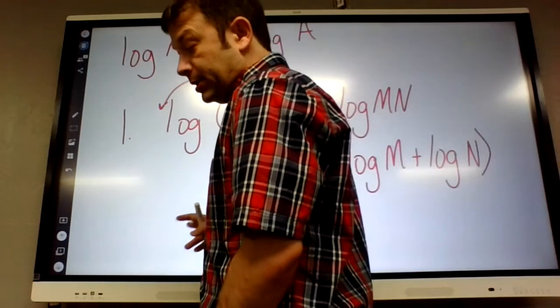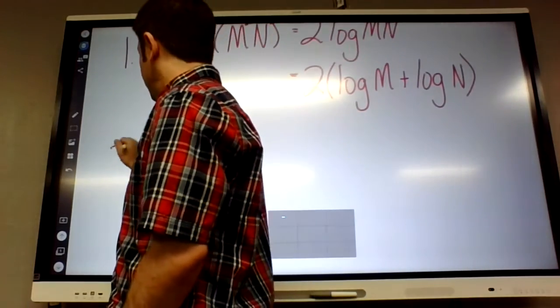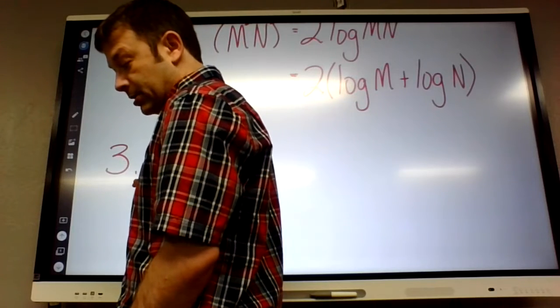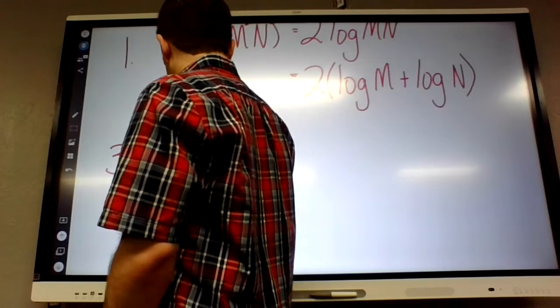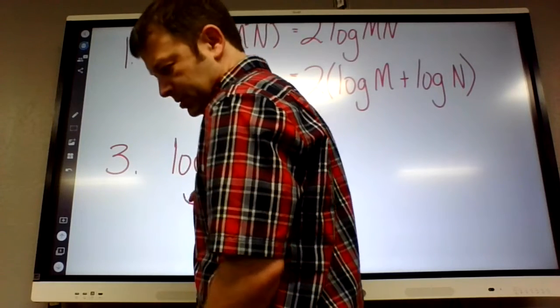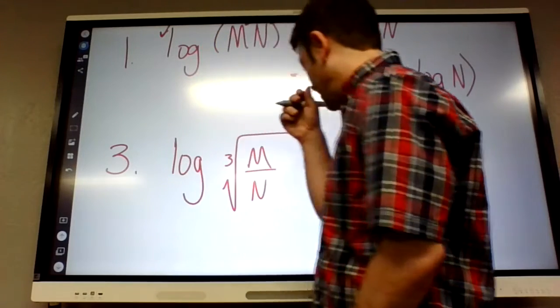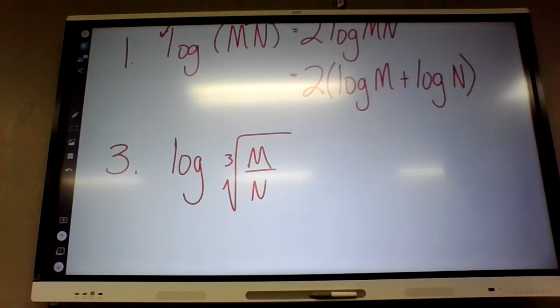Number 3. Alright, we're stepping in the muck already. Log of the cubed root of m over n. Okay, before we do anything, let's turn that cubed root into a rational exponent.